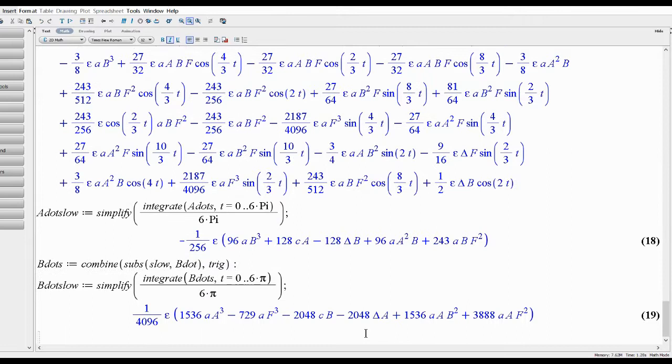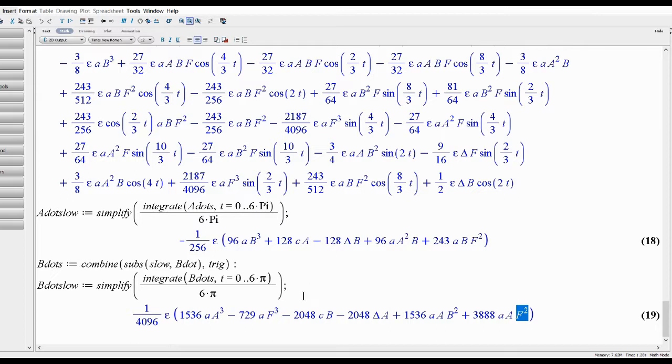Okay, so these are my two slow flow equations. They're a little different from what I had for harmonic balance. F cube is entering here, while F square is entering here, so it's a little bit different, but in some ways it's similar.